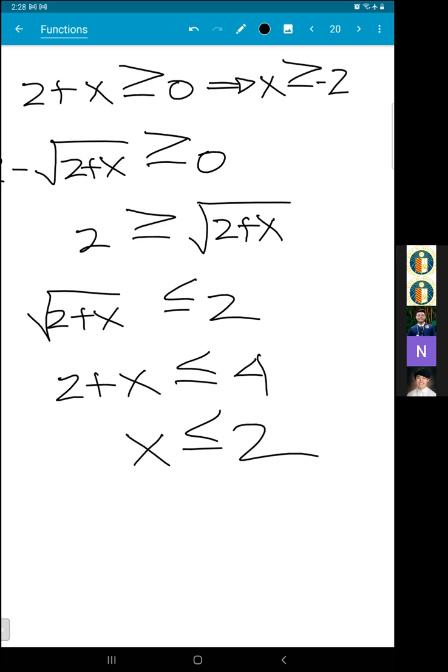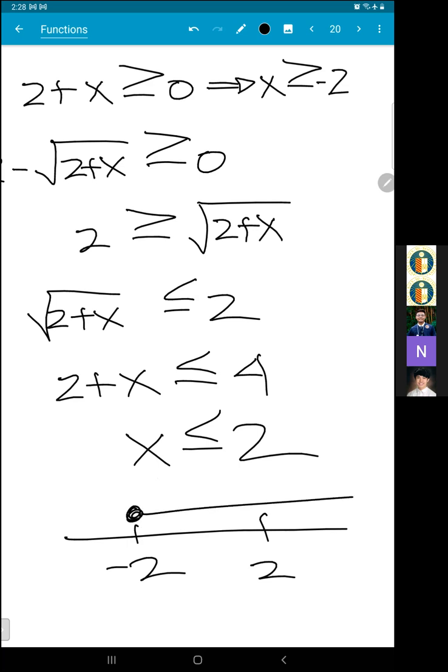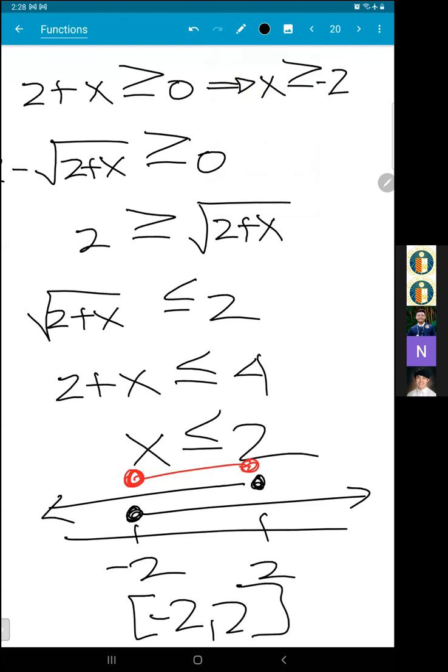So now we combine both, get the intersection, and it should not be hard to see that the intersection is the closed interval from negative 2 to 2. So this one here, the domain, is the closed interval from negative 2 to 2. Okay.